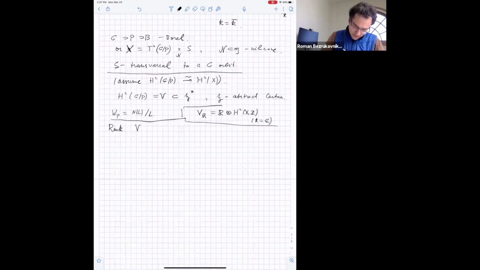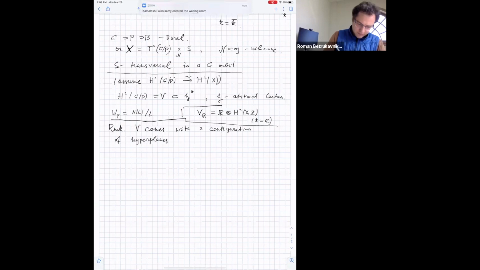So V comes with a configuration of hyperplanes, which we'll call sigma, just the coroot hyperplanes, the ones which do not fully contain V, intersected with V.